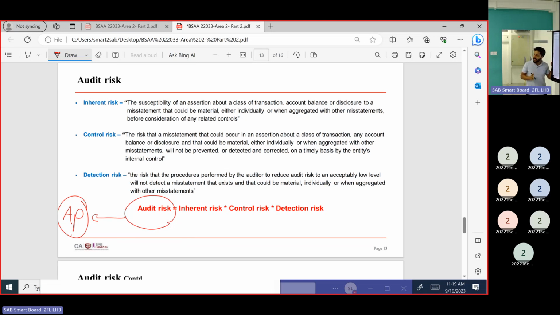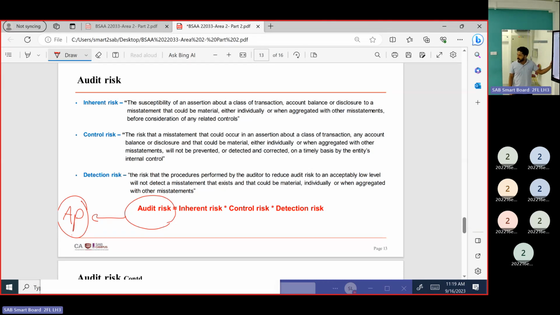So understanding audit risk is very important in this subject. That's the core concept of auditing. Auditing is assurance. Based on the audit procedures and audit sampling, there is always audit risk, right? Basically, audit risk consists of inherent risk, control risk, and detection risk.